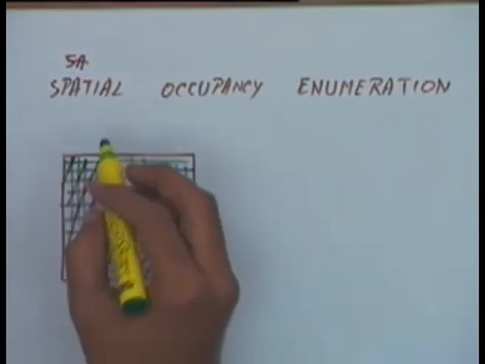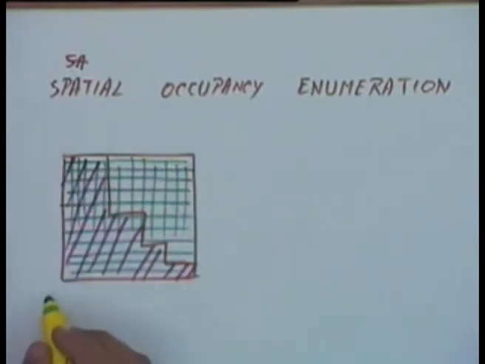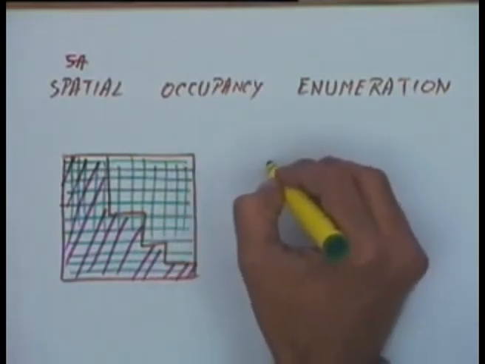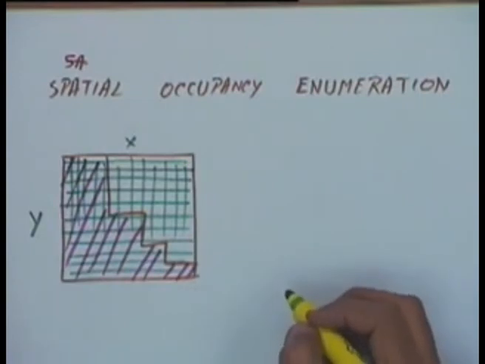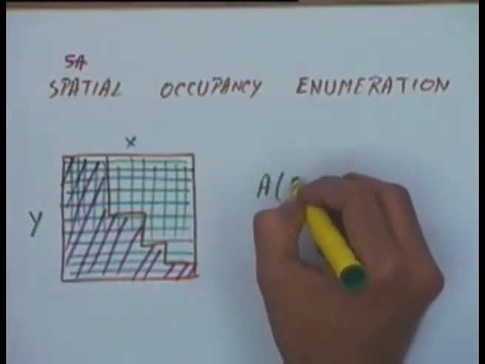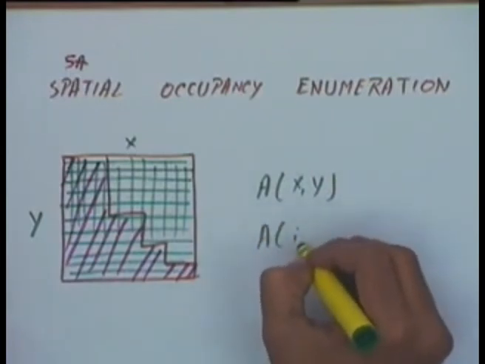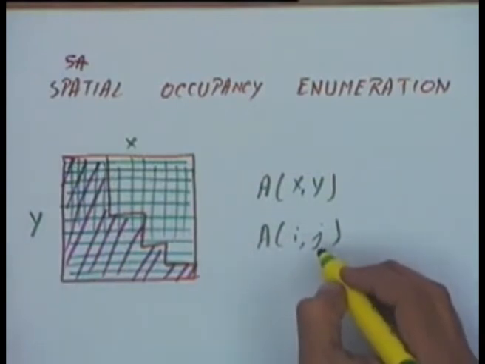So we'll get an array of zeros and ones. This complete area will be divided into an array, let's say x in this direction and y in this direction, and if I say an array A of xy, such that A of ij will tell us whether the surface exists at location ij or not.